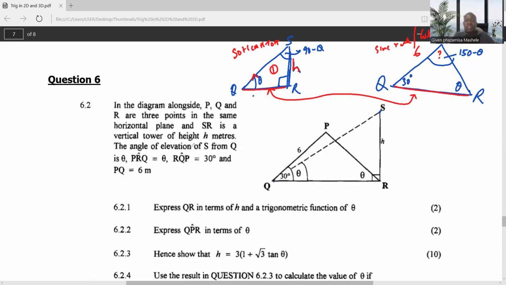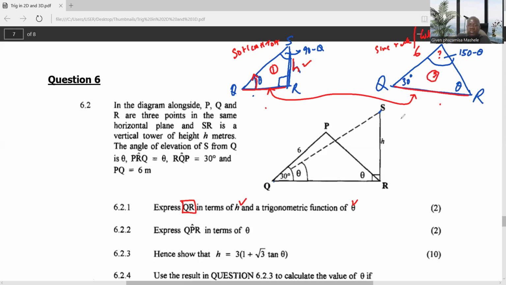The first question says express QR. We're looking for side QR in terms of H and theta. First of all, we need to look where there's this QR. QR is in these two triangles. But where do we have H and theta? H is there, it is in this triangle, and theta is there, which means you have to use this triangle to express QR.